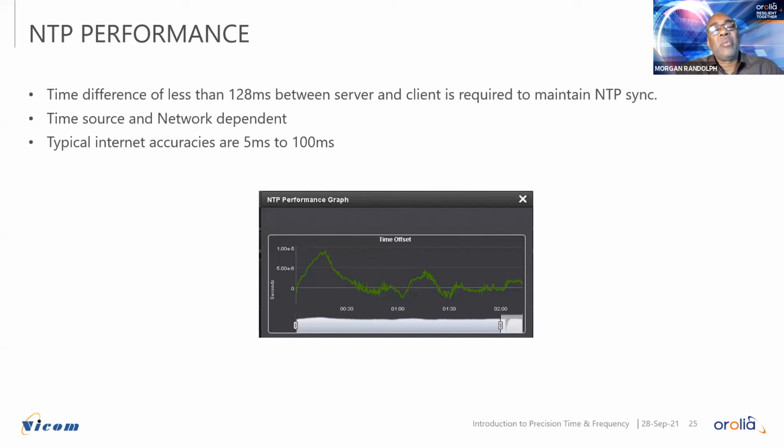Time sources and network dependence, and typical internet accuracies of 5 milliseconds to 100 milliseconds. Within our device, you have a time offset graph. There are a number of different graphs that you can see, and you can look at it over time using this drag line here. You could drag that across, and you could expand it to take a look.